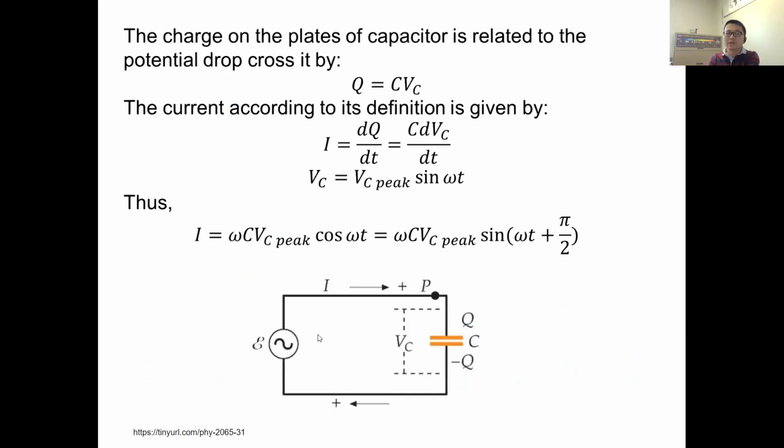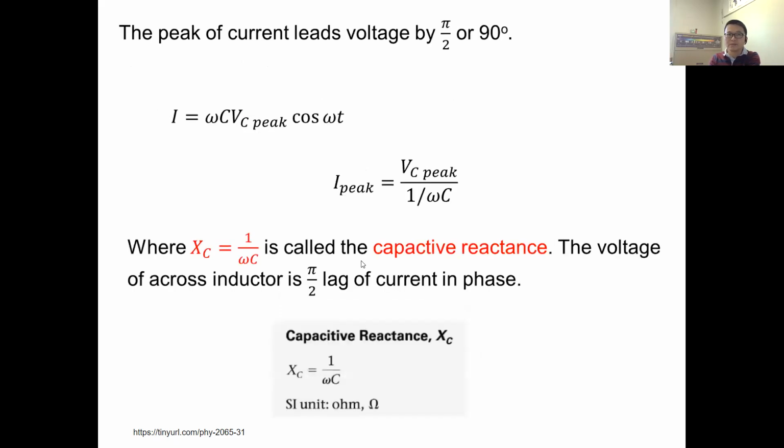So it doesn't consume any power. For the capacitor in the AC circuit, if voltage is a sine function, the current is then a sine function plus pi over 2, or a cosine function. You take the derivative of V, or dQ over dt, where Q is related to V in that sense. Again, the voltage and current on the capacitor do not peak at the same time. In fact, the current leads by 90 degrees in this case.